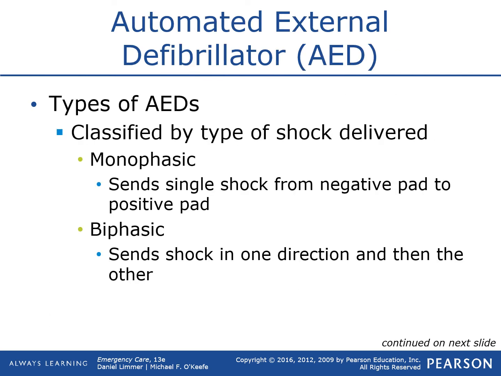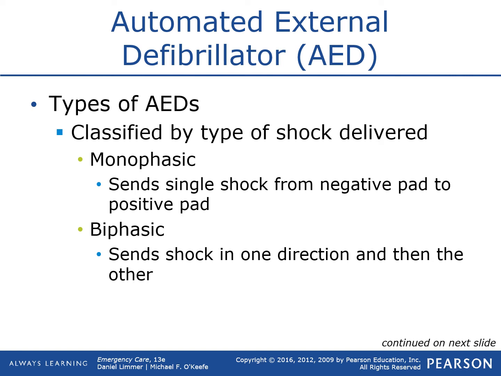So I know you guys know how to use an AED because of the CPR training. So we'll talk about a few more specific things that you should be aware of as an EMT. There are two different types of AEDs. They're classified by how they deliver the energy. So you have monophasic and biphasic. If you break those words down, mono means one, bi means two.